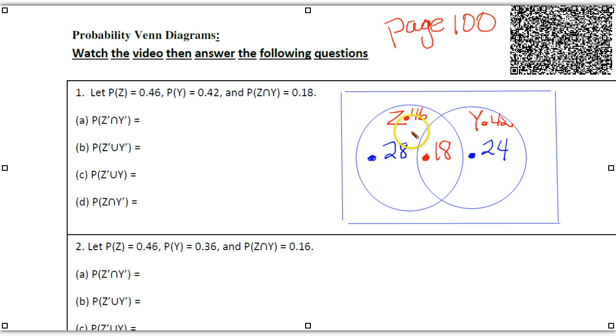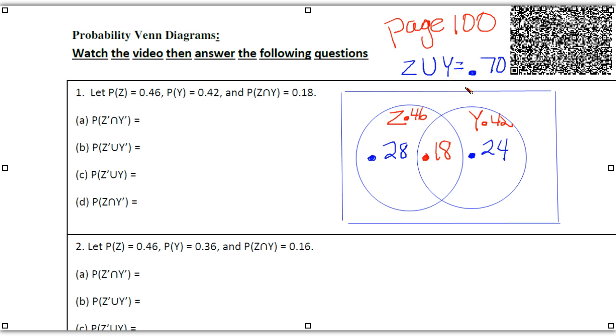Now, if we add these three up, we will get the union of Z and Y, and that would be 0.70.